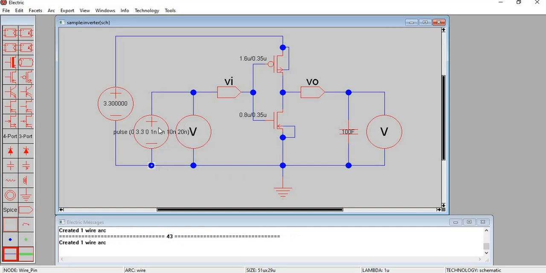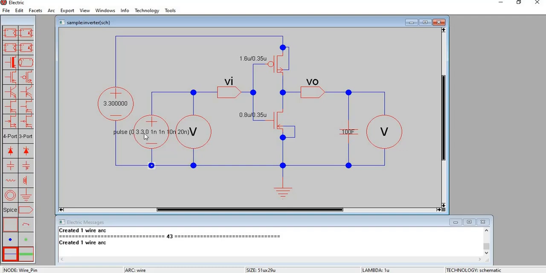So we're able to connect this pulse. What do these values stand for? The 0 stands for a low, and 3.3 for high. Since we're dealing with a pulse, we have a low and high value.